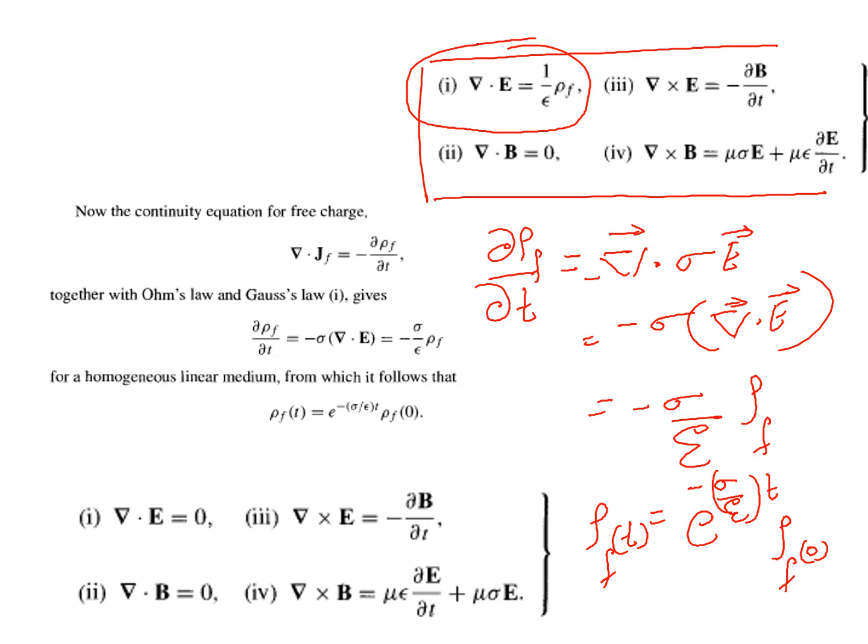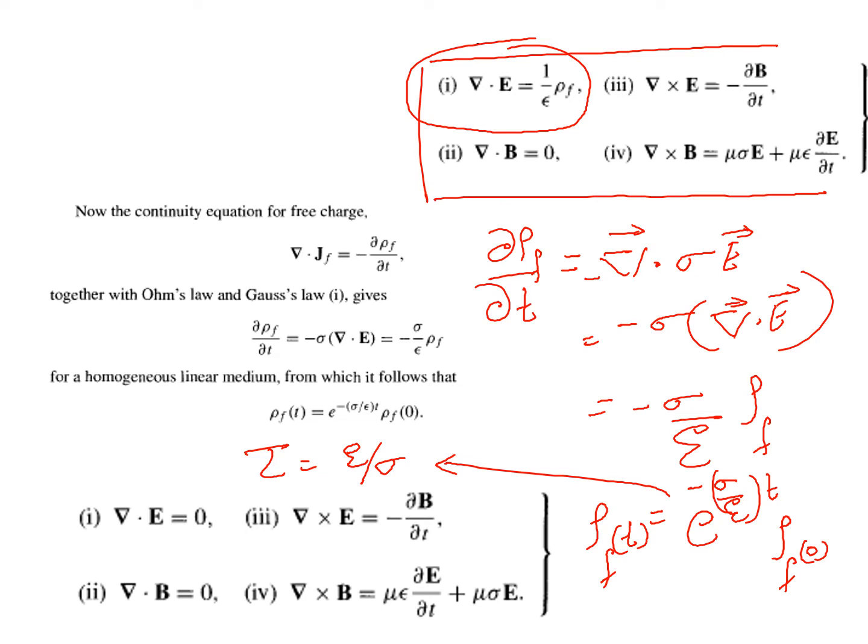Epsilon by sigma is called the characteristic time. Tau is equal to epsilon divided by sigma. That is the factor we used here, and it is actually like a time constant. This time constant signifies how good a conductor is.